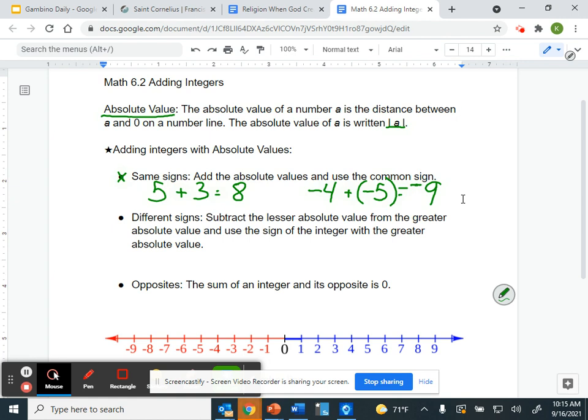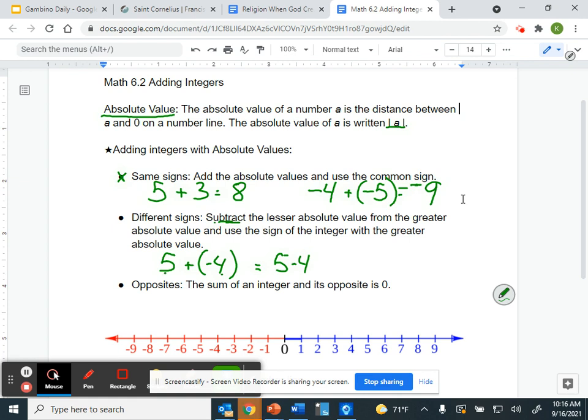So if we have, let's say, +5 plus -4. It says, subtract the lesser absolute value from the greater absolute value. So our lesser number is 4. Remember that with absolute value, we don't worry about positives and negatives. So that would be 5, and we want to subtract 4.